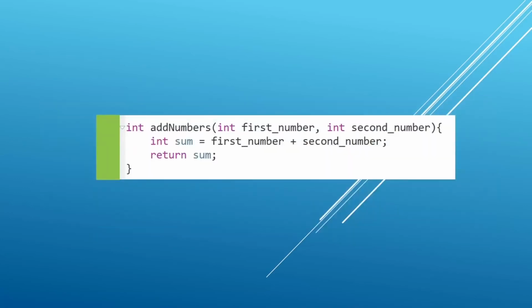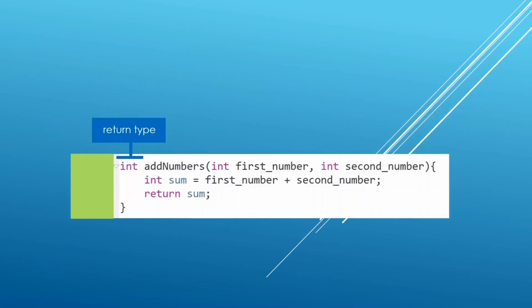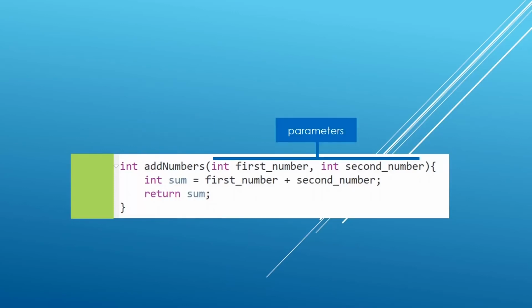C++ has a special syntax we use to define functions. This is our function to add numbers. On the left, we have an integer, which is code name for a whole number in C++. It's a number without decimal points. After that, we have the name of the function, and we can name it whatever we want. After that, we're going to have the list of parameters that we can pass to the function, and this is going to work as the input to the function.